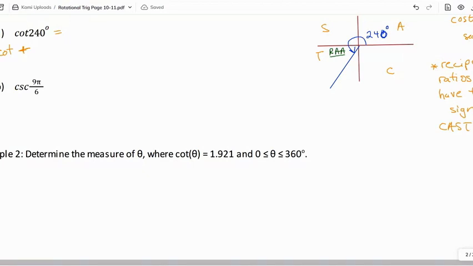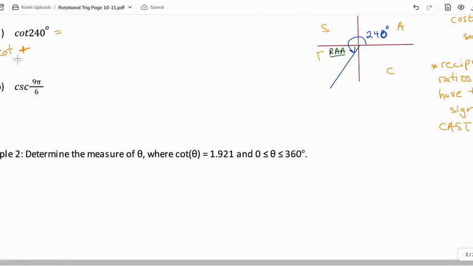All right, let's return to the lesson. We've just discussed the fact that the CAST rule applies, that reciprocal ratios have the same signs. So in the third quadrant, cotangent will be positive.